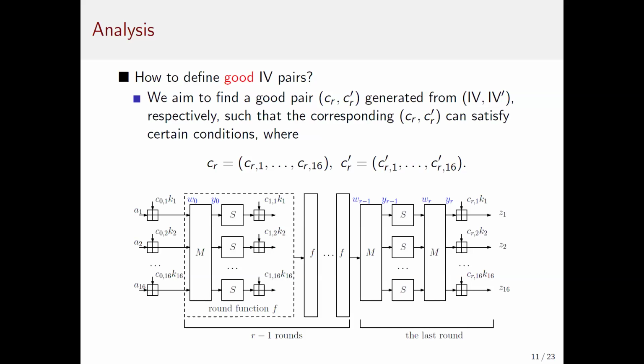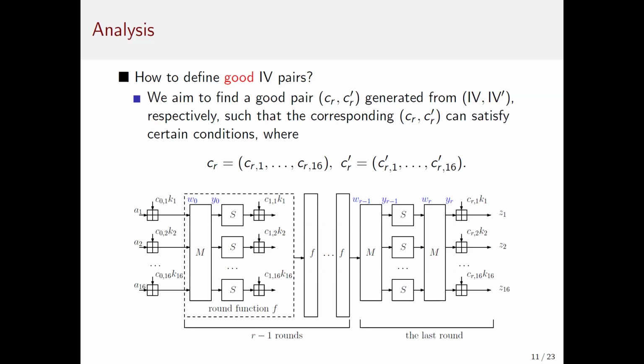So the key problem now is obvious: how to define a good IV pair, because this is the starting point of the framework. Note that the IV is the input of the XOF, and the output of the XOF is the randomly generated constants.